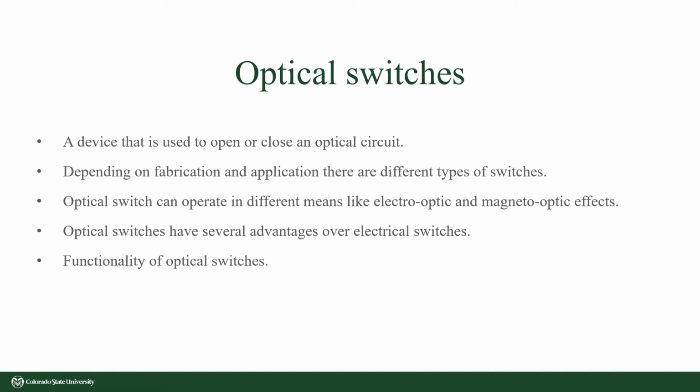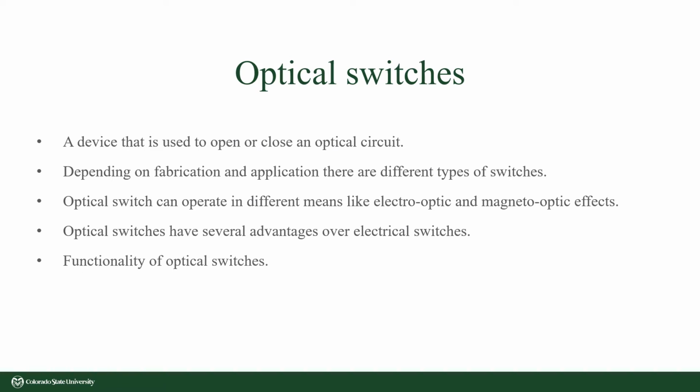An optical switch may operate by mechanical means, such as physically shifting an optical fiber to drive one or more alternative fibers, or by electro-optic effects, magneto-optic effects, or other methods. The functionality of any switch can be described in terms of the connection it can establish between two ports.